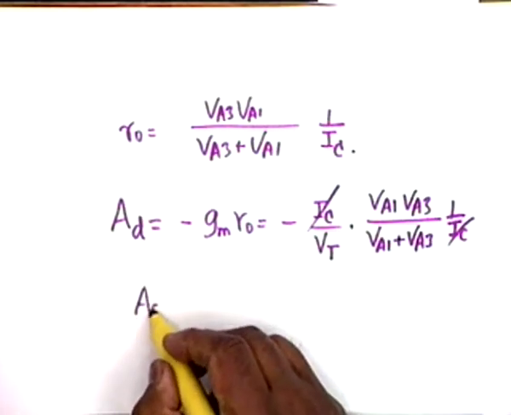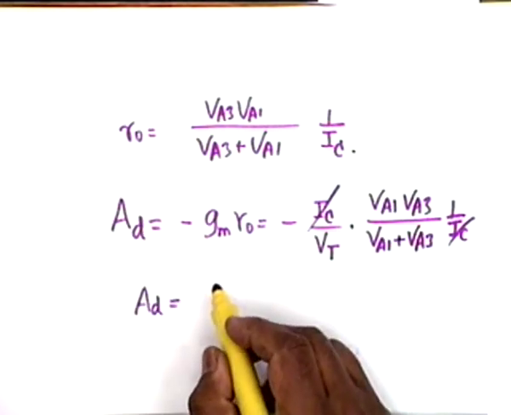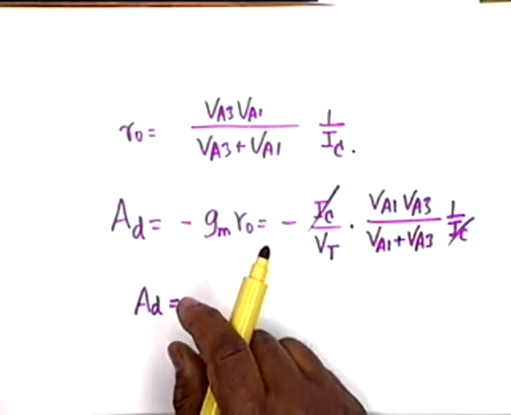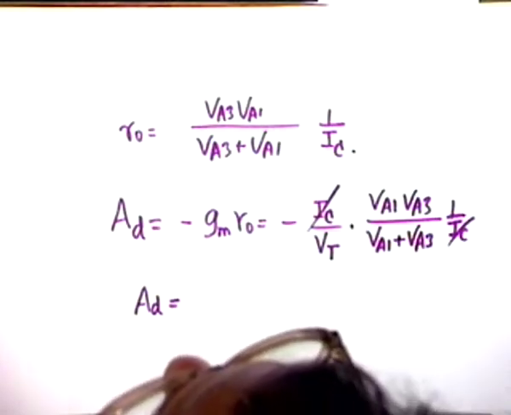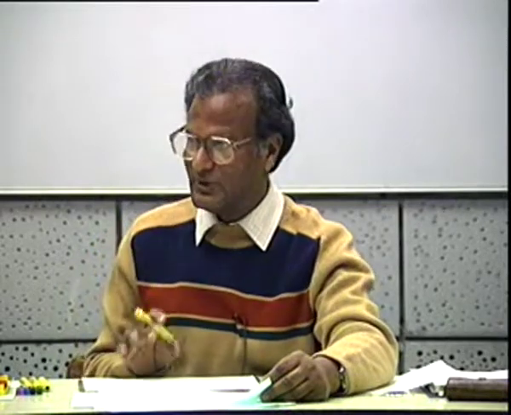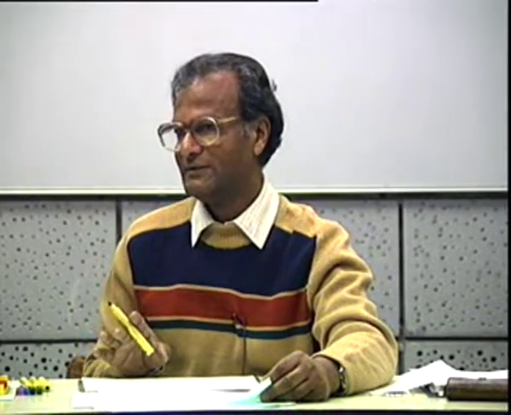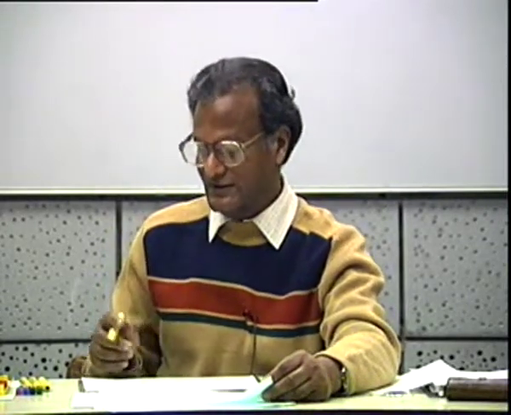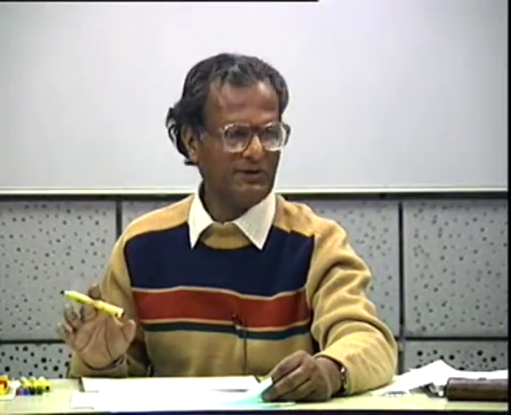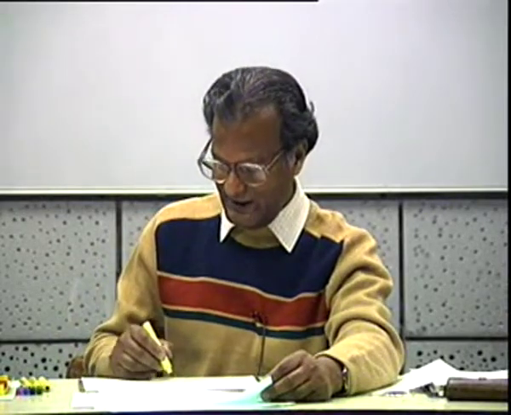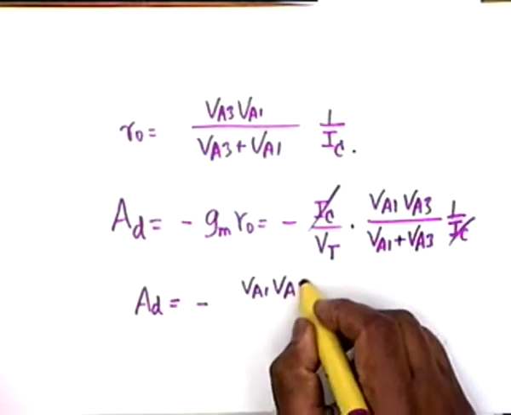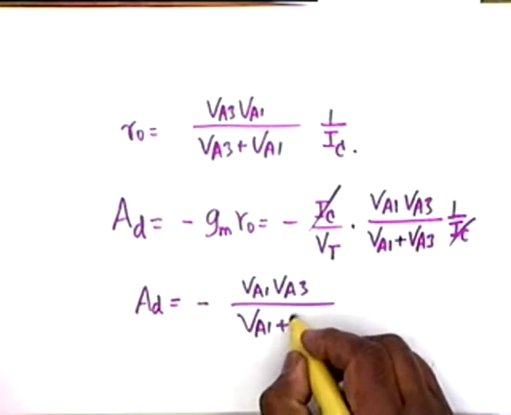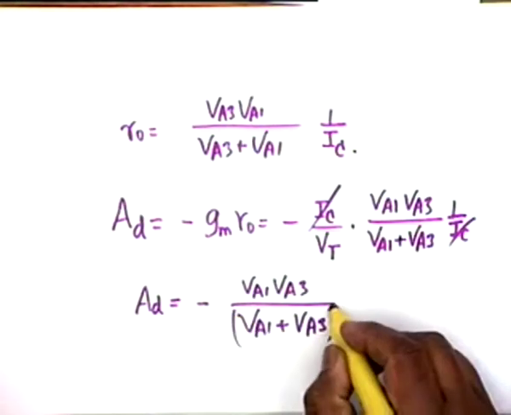The gain therefore is simply given in terms of 3 voltages, which are internal properties of the transistor. Therefore the gain has become independent of external resistors. It is independent of VCC, VEE, R and so on. It is simply determined by minus VA1 VA3 divided by VA1 plus VA3 multiplied by VT.